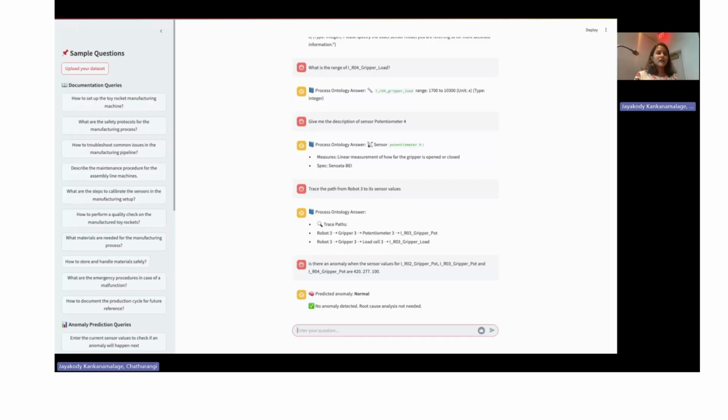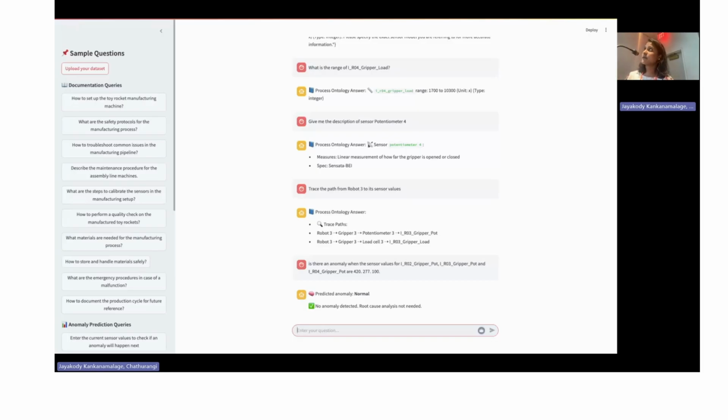And if you have a time series model that you have developed for anomaly prediction or forecasting, then you just have to change the path here in our code base, call the particular model, and give your values and take the input. So it's pretty scalable.